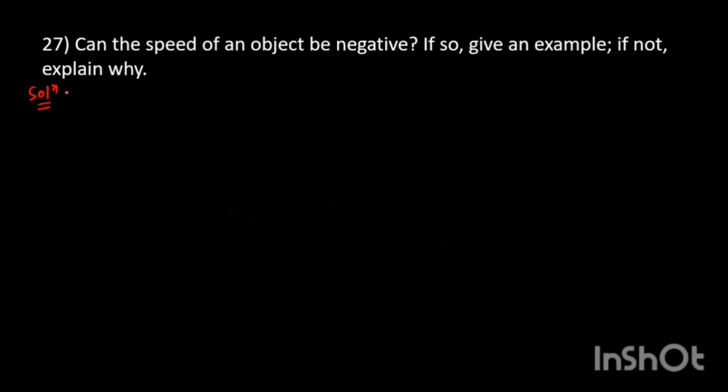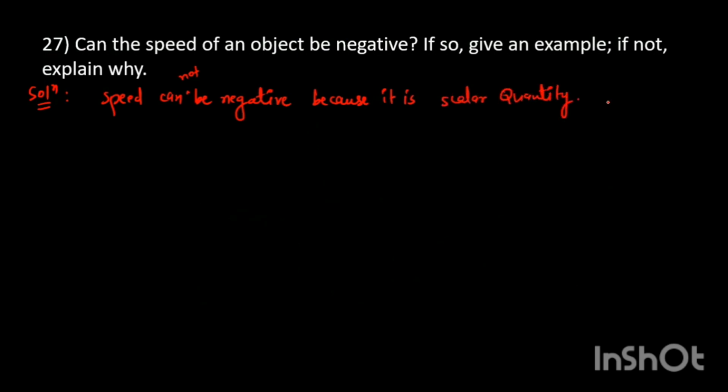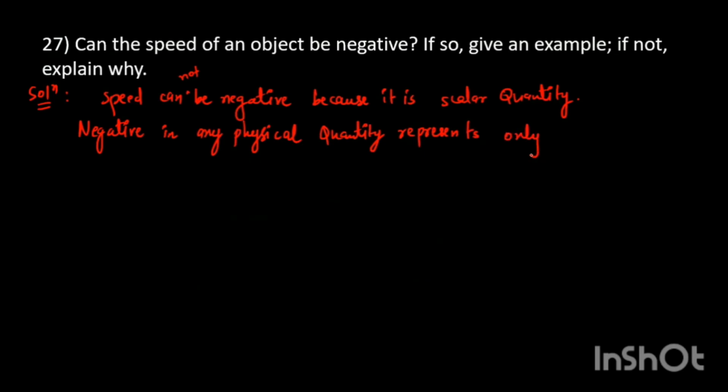So we will simply say the speed cannot be negative. Why? Because it is a scalar quantity, and a negative sign in any physical quantity represents only direction.